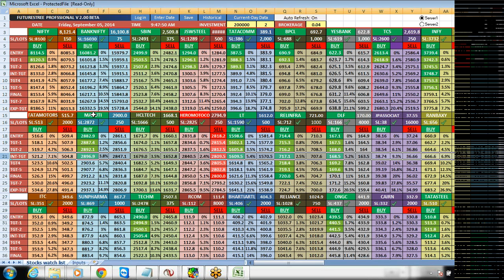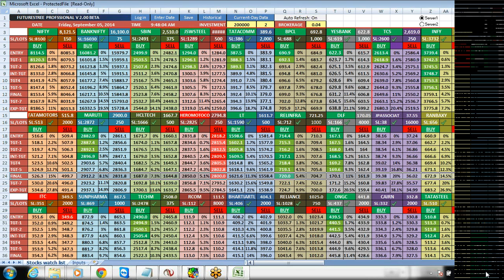You can see Maruti is at intermediate target, L&T is there at intermediate target. And the other scripts have already made their final targets. It's hardly 9:40, 9:50, let's say. So in around half an hour, 45 minutes, you have these trades ready.